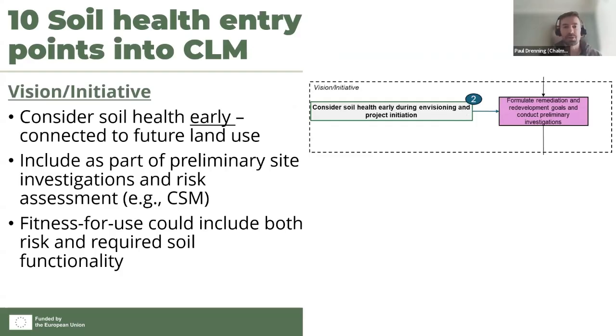We're still working in the early phase here, the vision or initiative. Here we want to emphasize that we should consider soil health early in the process, because once we do that, a lot of other options become available, and we can connect that to the future land use. We can also connect that, as shown in the purple box, to how we formulate our remediation and redevelopment goals, and to integrating soil health considerations into early preliminary investigations and risk assessments, such as the conceptual site model, and considering it in our site investigation.